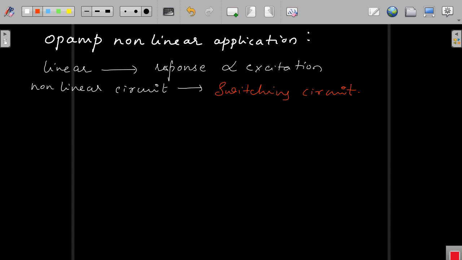Whenever you have diode characteristics or transistor characteristics, they are not linear. Such kinds of applications we will have to see here in the non-linear circuits.